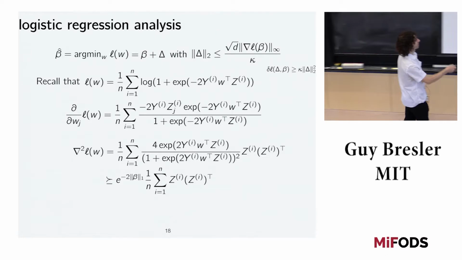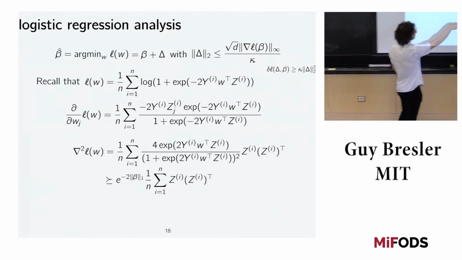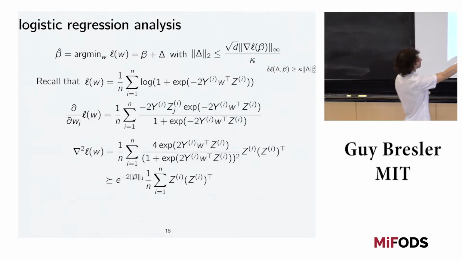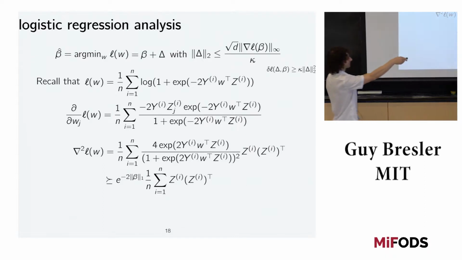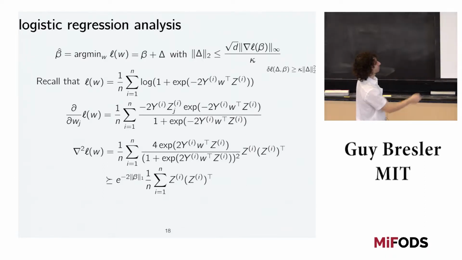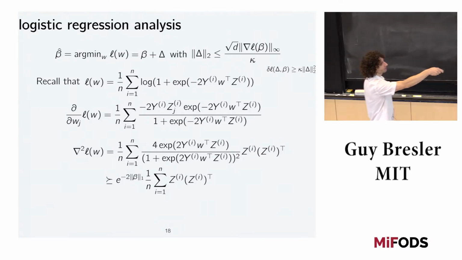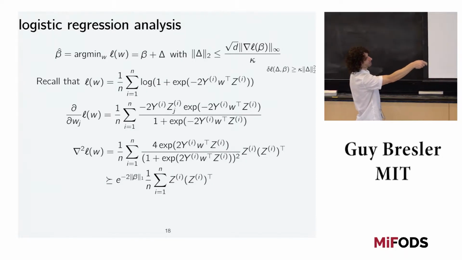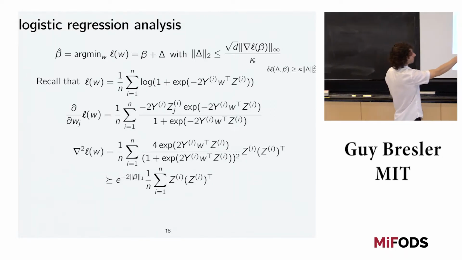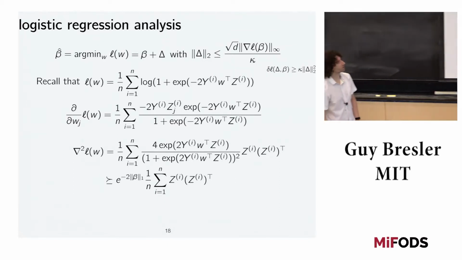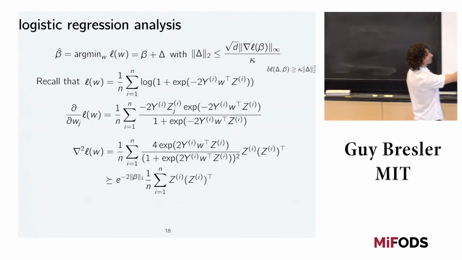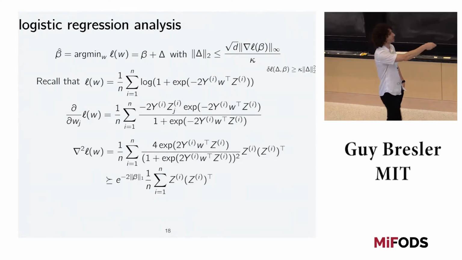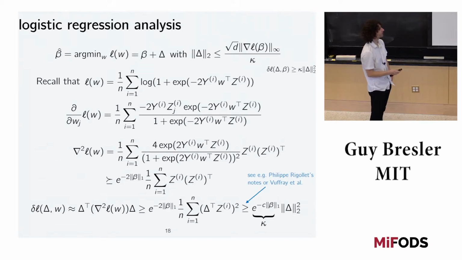Each yi is plus or minus 1, and each of these is plus or minus 1. I should have put a beta inside there. What's living inside there is basically a sum of the beta i terms with a 2. One can convince oneself that we lose at most a factor of e to the minus 2 L1 norm of beta if we just eliminate this factor in front. And this is great, so this is our lower bound on the Hessian.